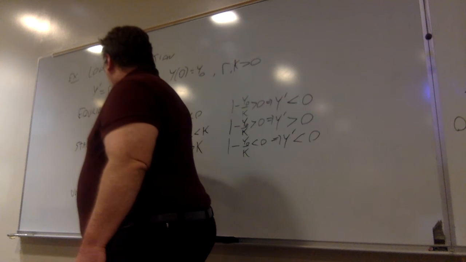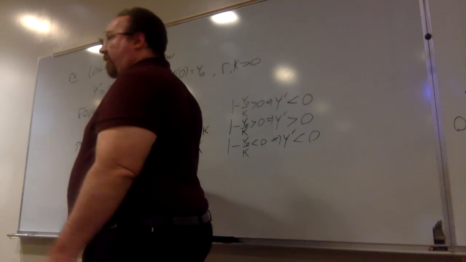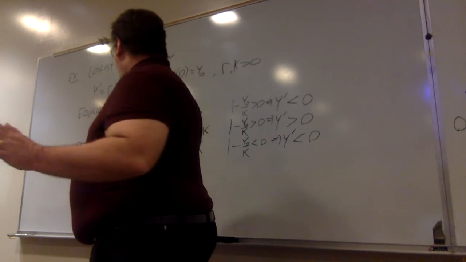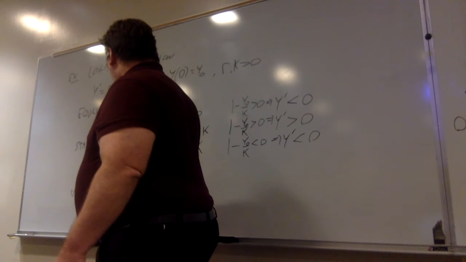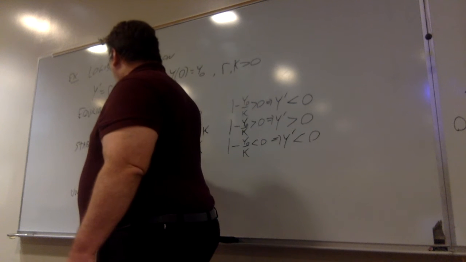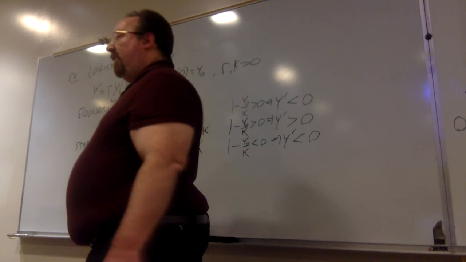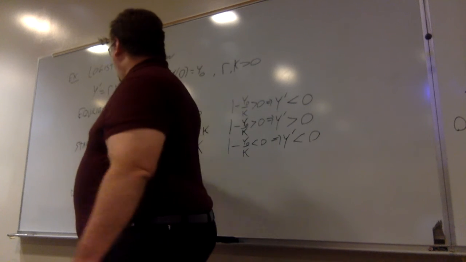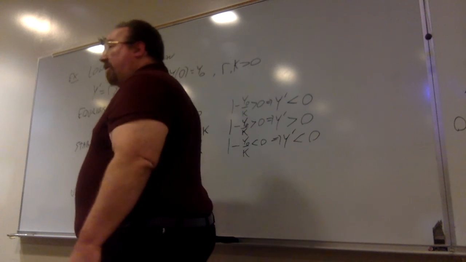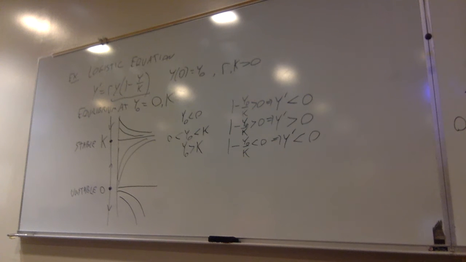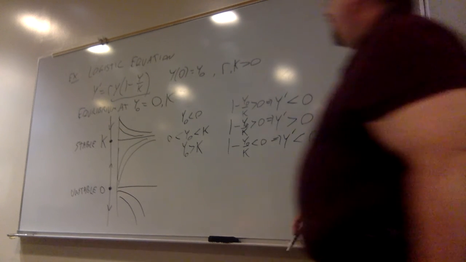Okay, so if I had something anywhere in this range going towards 0, and if nothing else changed, then 0 would now become semi-stable because the solutions are approaching it on one side but not the other. Y equals k would also be semi-stable because solutions here are going towards it, solutions here are going away from it. So there wouldn't be a case where the whole solution would be unstable.